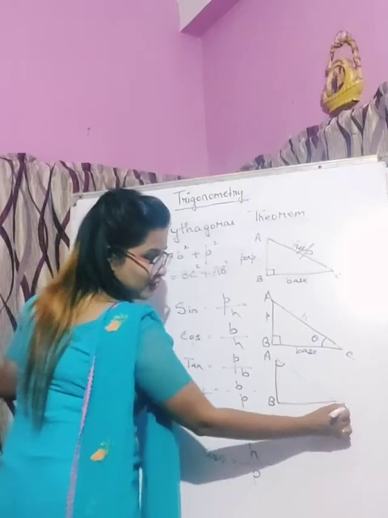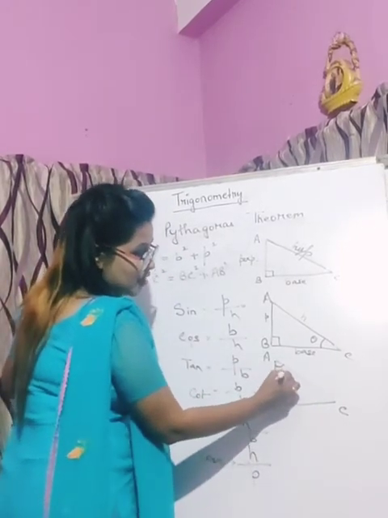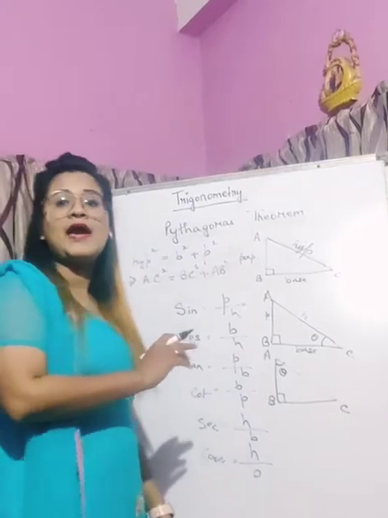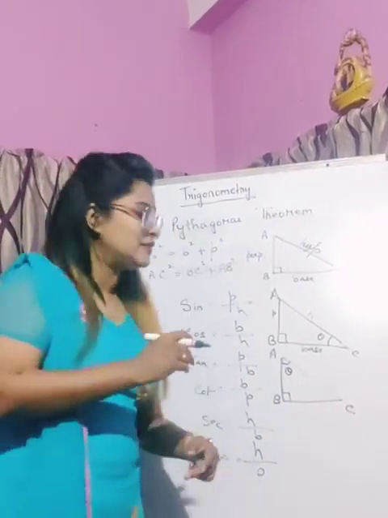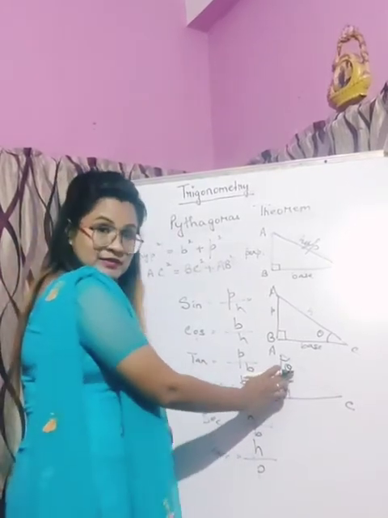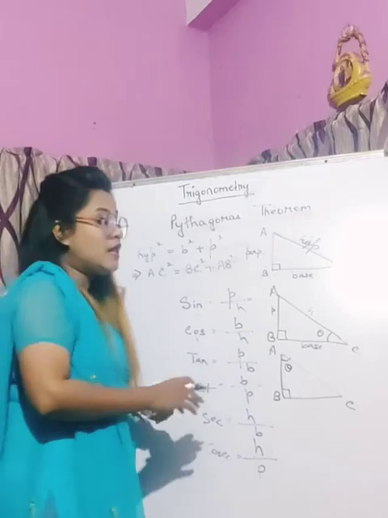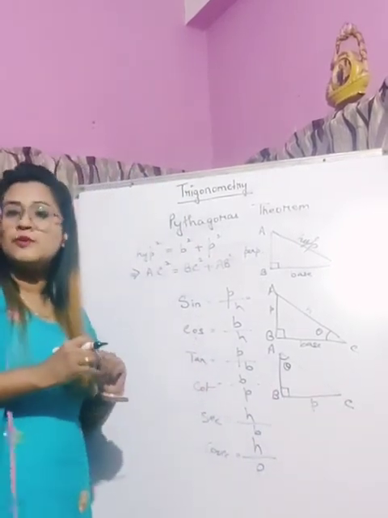Now let us check one more diagram where we put theta at A. Say this is a triangle again, right angled at B. We are considering theta in angle A. Here, the side opposite to the angle is always the perpendicular.